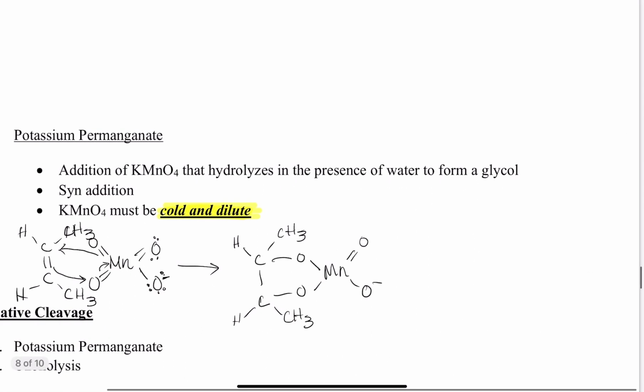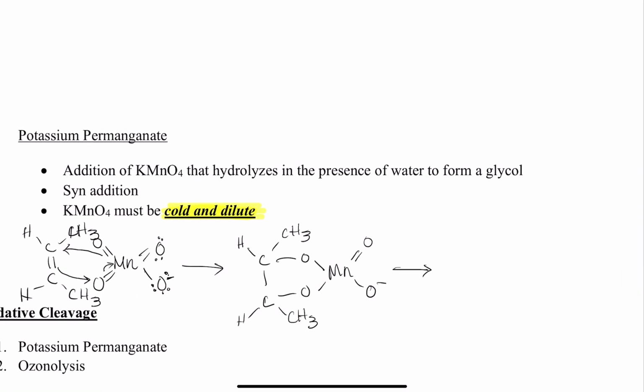And then lastly, it just hydrolyzes in water. So we have an alcohol and then another alcohol. Again, keeping in mind that this is the syn addition, so our alcohols both need to be wedged.